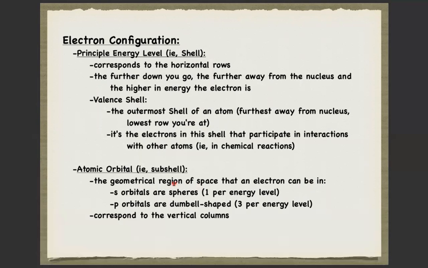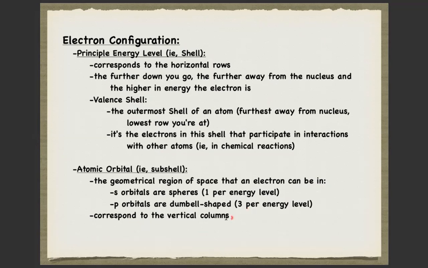The only two that we have to know are s orbitals that look like spheres and p orbitals that are dumbbell shaped. For every energy level, you're going to have one s orbital. And for every energy level, you're going to have 3 p orbitals.